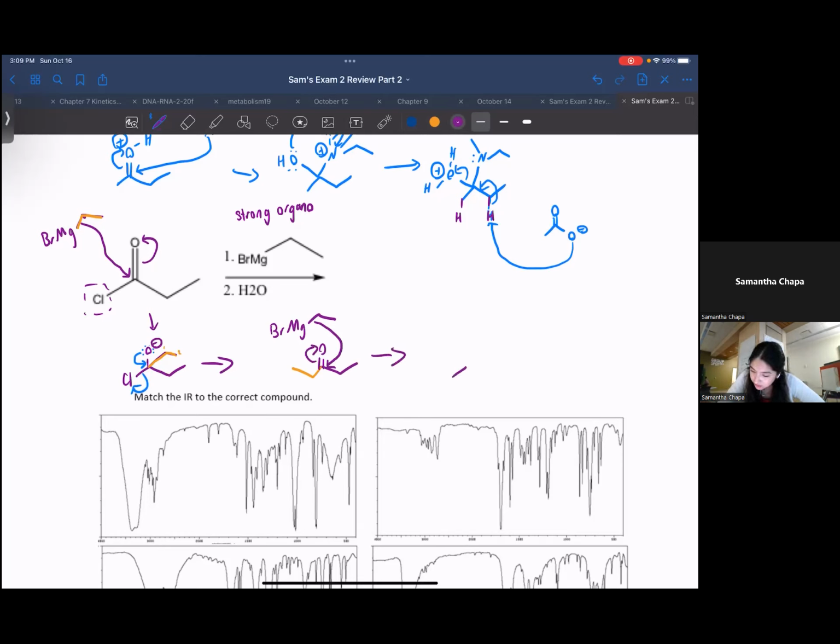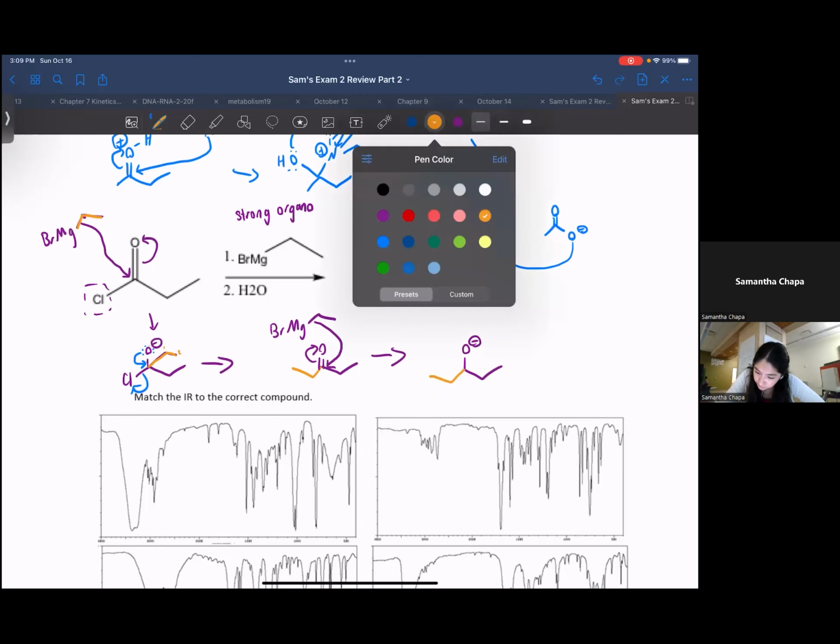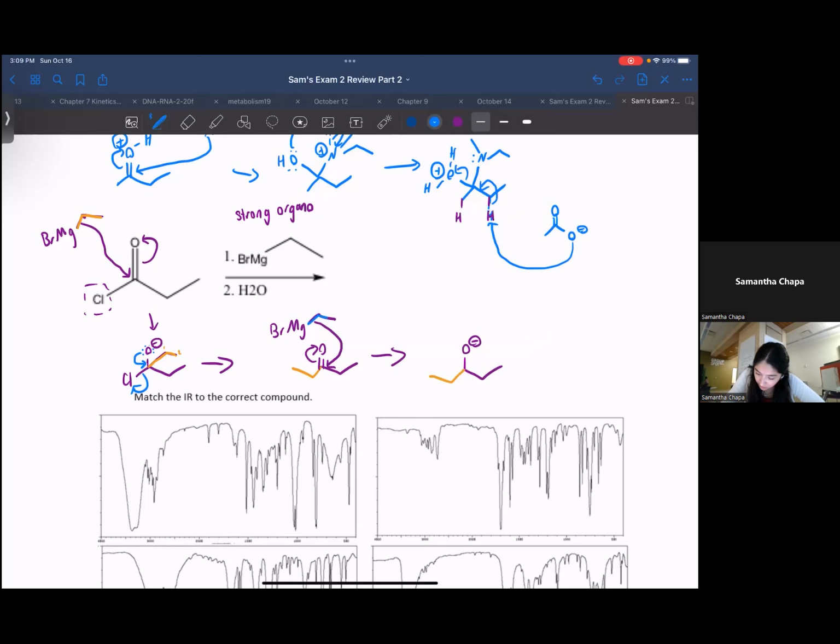We'll keep these colors the same and highlight this in the color. And so we get another ethyl group. And so finally, our last step will be the protonation, and that comes from H2O.